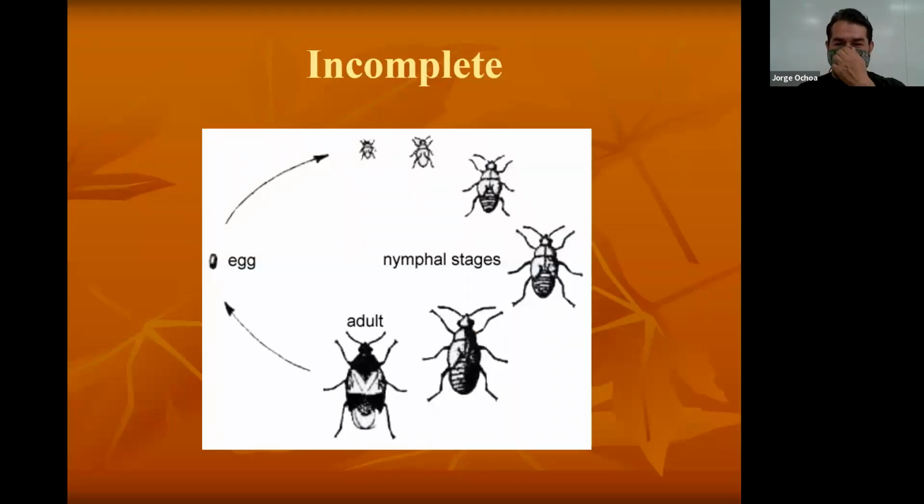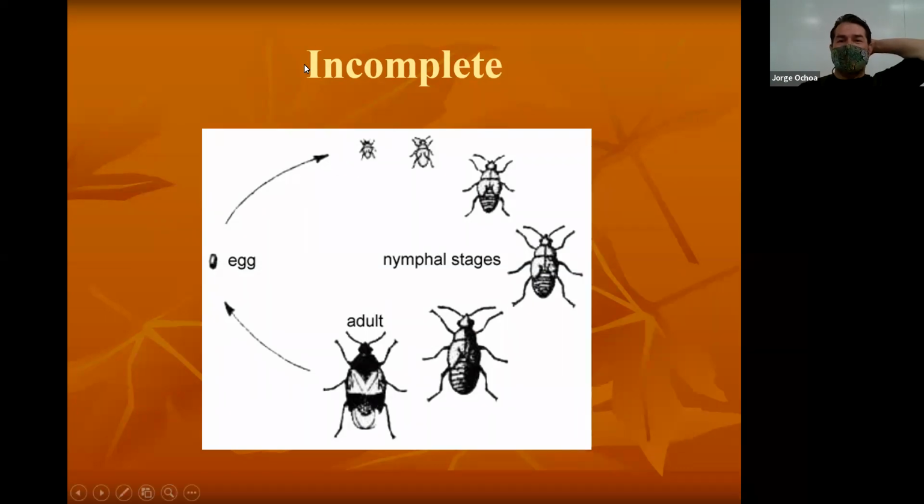We also mentioned last time about the life cycle, complete or incomplete. So these are just the incomplete, where all insects will be born from an egg. And when they first hatch, they're going to go into what is known as a nymphal stage or an instar. That's sometimes used as well.